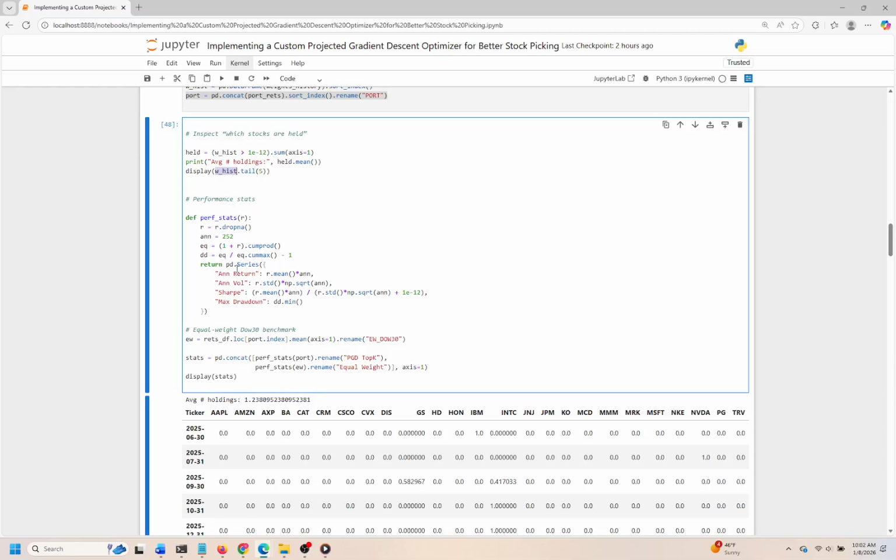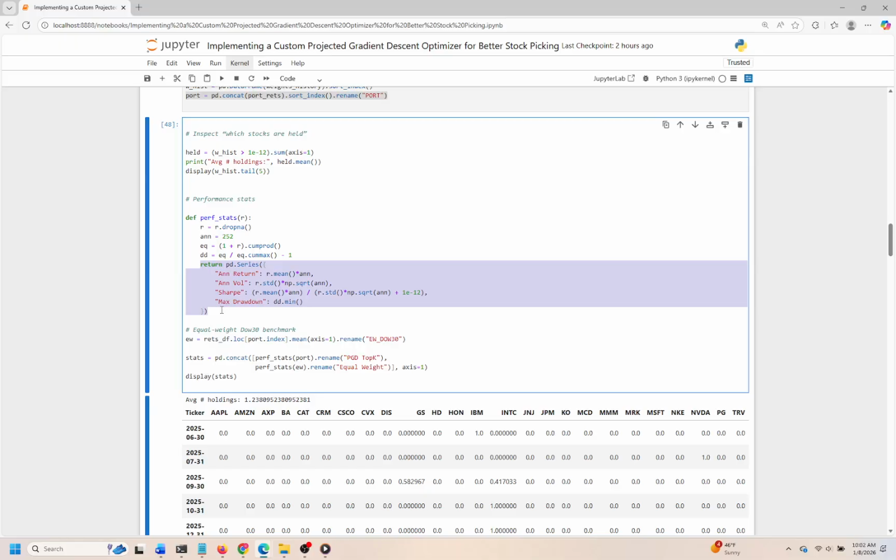Transitioning to performance metrics, we define a function to calculate important statistics like annual return, annual volatility, and the Sharpe ratio. These metrics are essential for understanding how effectively our portfolio generates returns in relation to its risk. The maximum drawdown statistic, which measures the largest peak-to-trough decline, adds a critical dimension to our risk assessment.